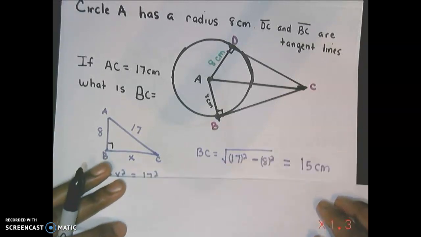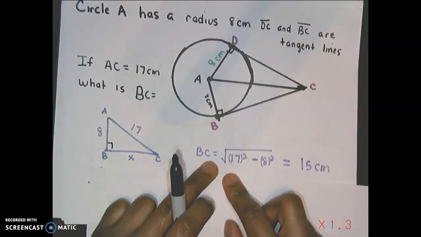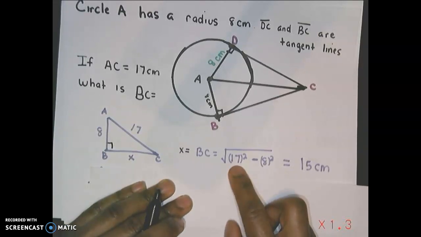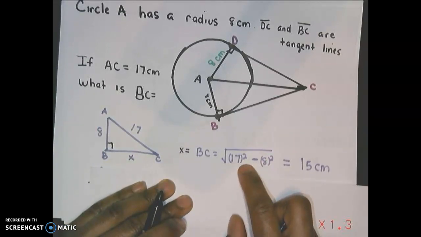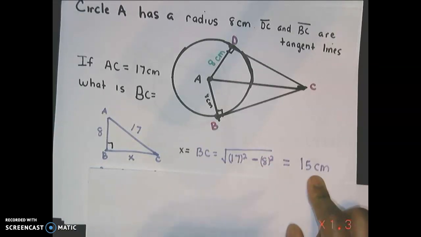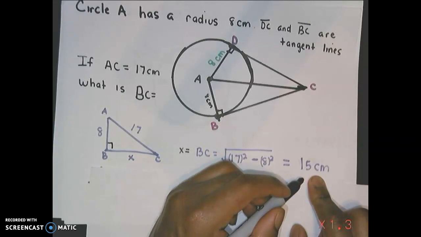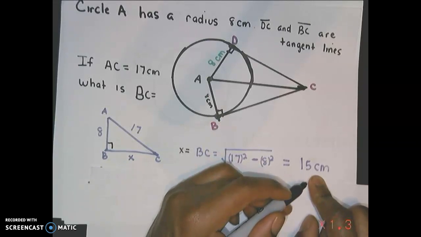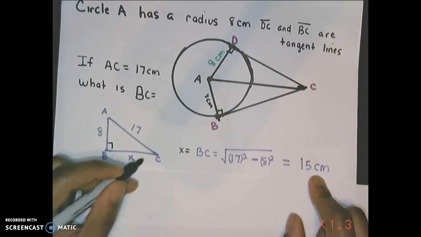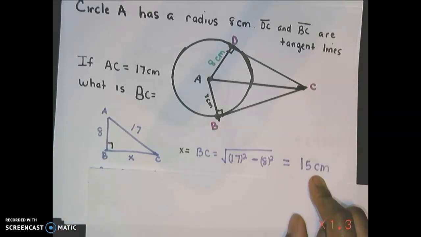So BC, which is also X, is equal to the square root of 17 squared minus 8 squared. Once you put that into your calculator, you're going to get 15 centimeters. So the value from B to C is 15 centimeters.